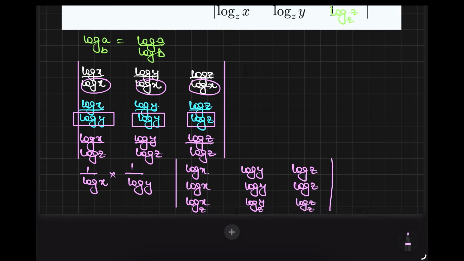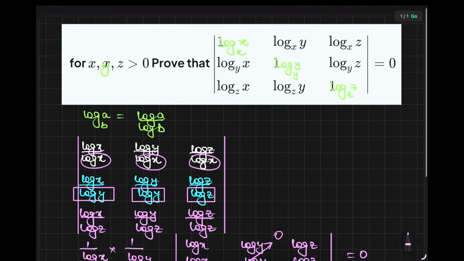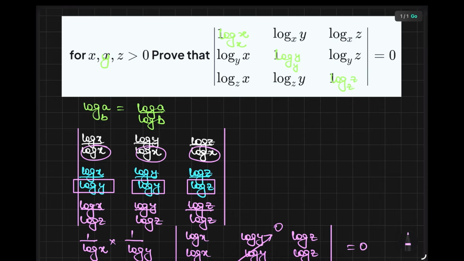So if you observe row number 1 and row number 2, both are same. You know that in a determinant, if any two rows or two columns are same, its determinant value will become 0. I hope the idea is clear and you guys can handle similar situations.